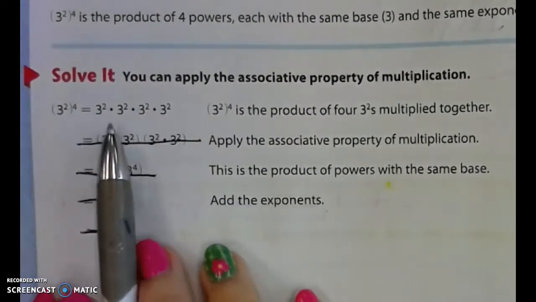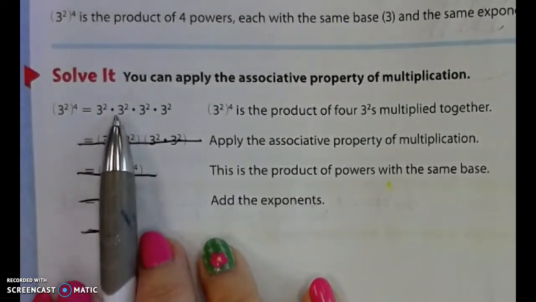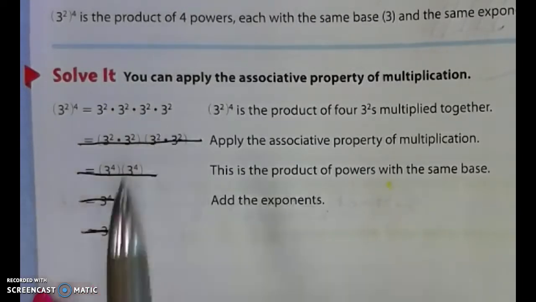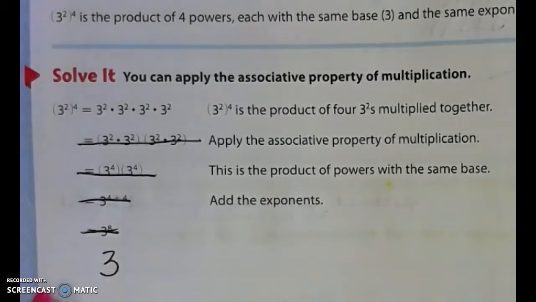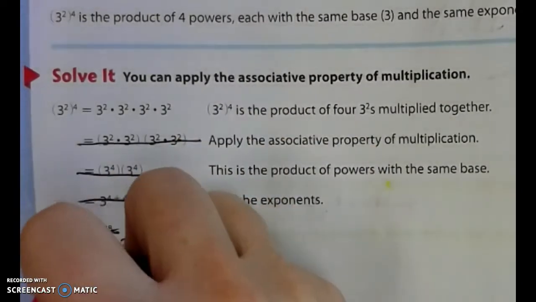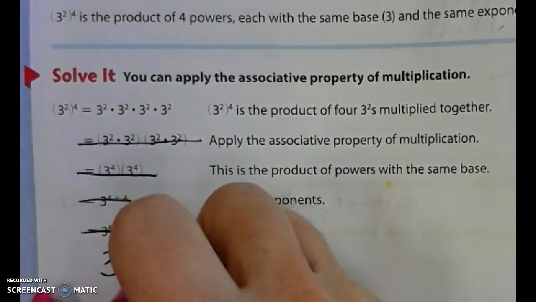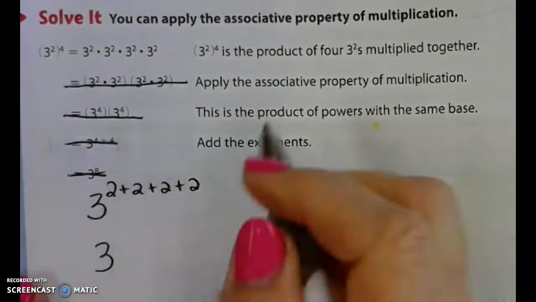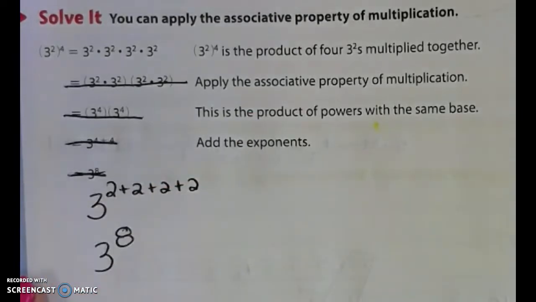So if you expanded this out, you would have 3 squared times 3 squared times 3 squared times 3 squared. As these are like bases, we can keep that base, 3, and we can add those exponents, 2 plus 2 plus 2 plus 2, which would give you 3 to the 8th.